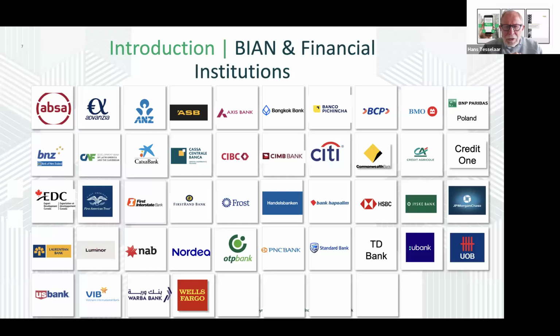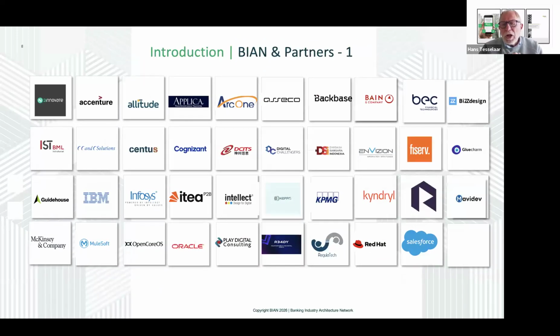On the next slide, you see, I would call it, the other half of the membership, the tech partners. We have integrators, solution providers, consultants, training institutions, and so on and so forth. And again, you see a lot of familiar names, less familiar names, and unknown names.